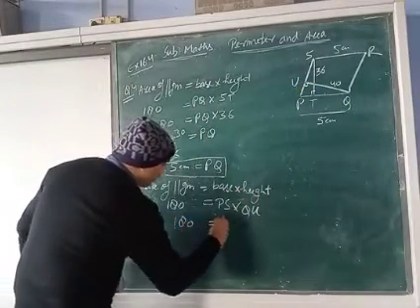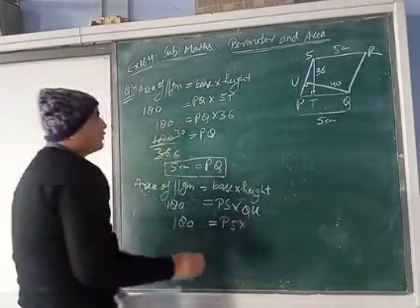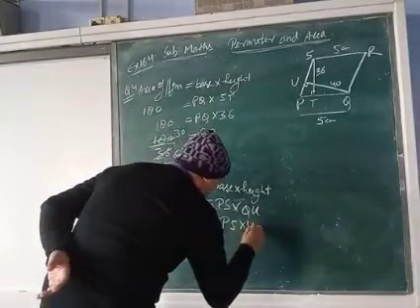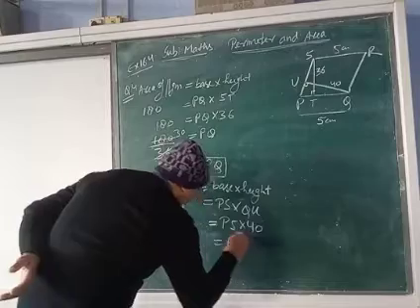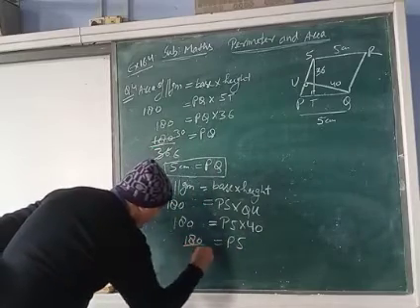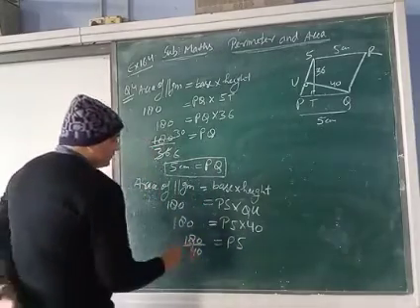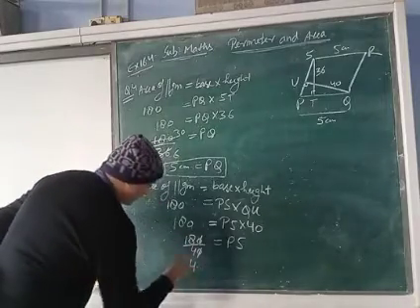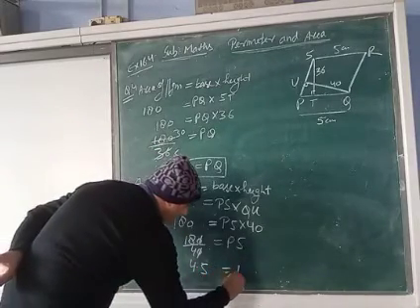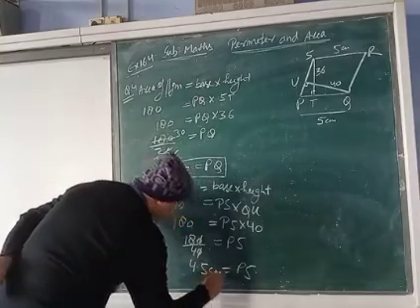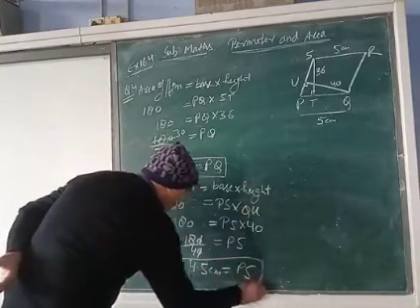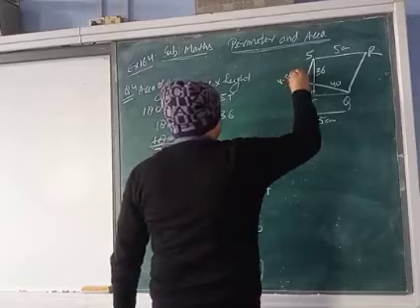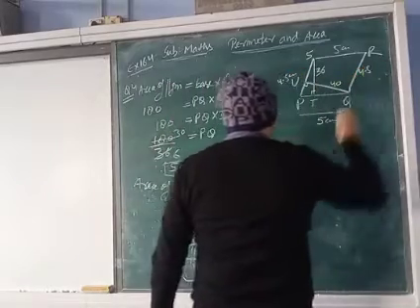We have to find out PS, and QU is given, that is 40. PS is 180 upon 40. Zero and zero cancel. 4 4s are 16, 4 5s are 20. So this side should be 4.5.